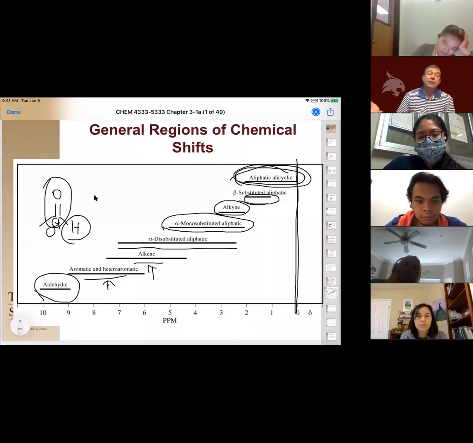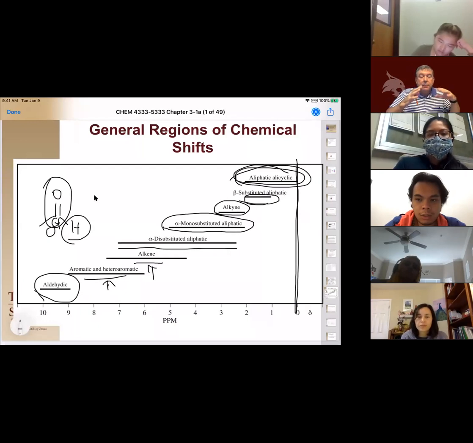Therefore, it's deshielded the most of this set, and therefore is the highest ppm range. Okay, so it's just showing you that's why they're trending in this way. Even though the table is going to be very specific about different things attached, I just wanted to generalize that the shifting is all about those electrons being able to protect that nucleus of the hydrogen from the magnetic field.